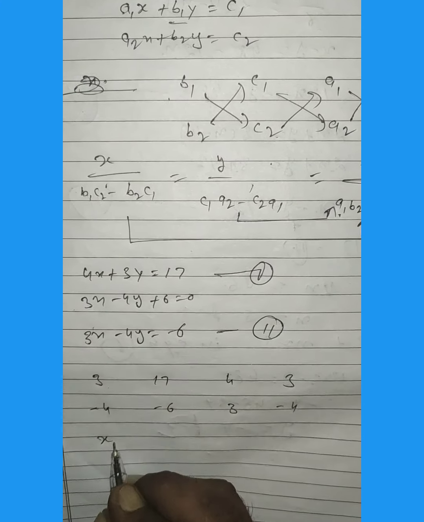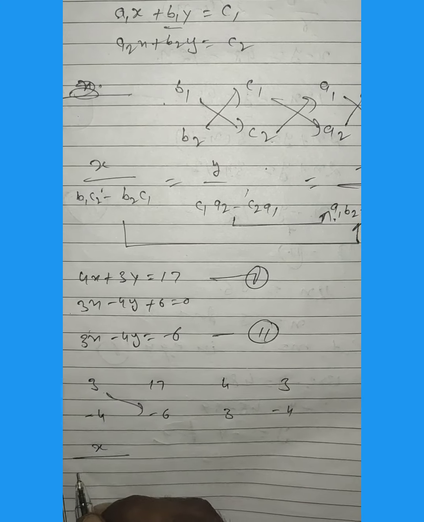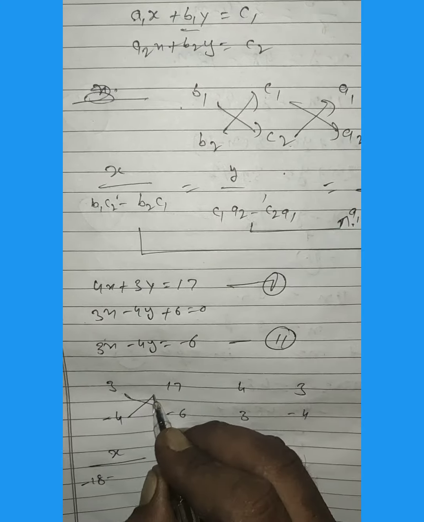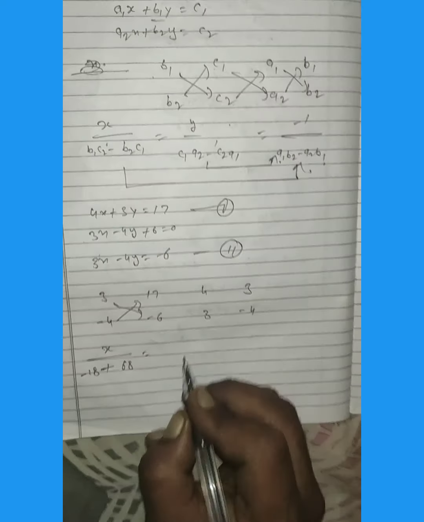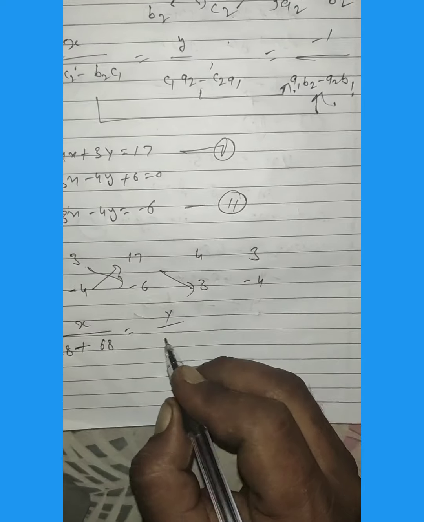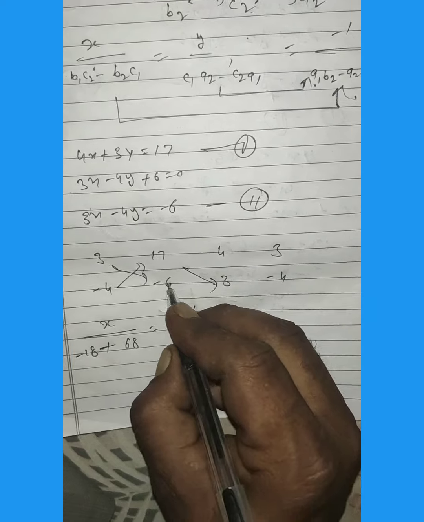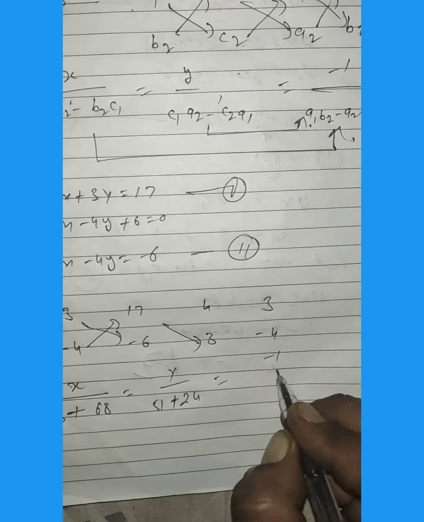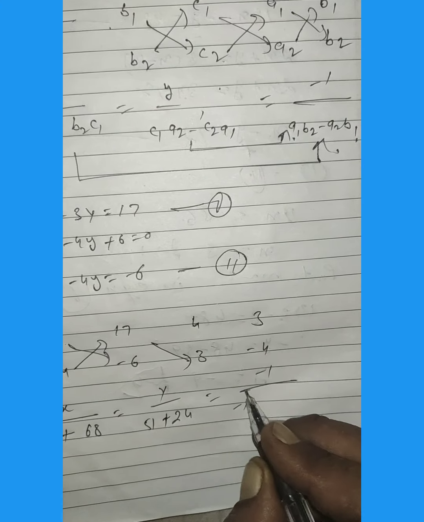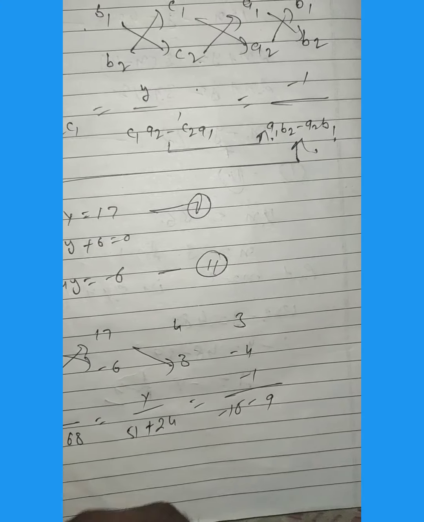Now x over 3 into 6 minus 18, minus 4 into 17 minus 68, then y over 17 into 3 is 51 minus 6 minus 4 is minus 24. Then minus 1 over 4 into 4 is 16, 3 into 3 is 9.